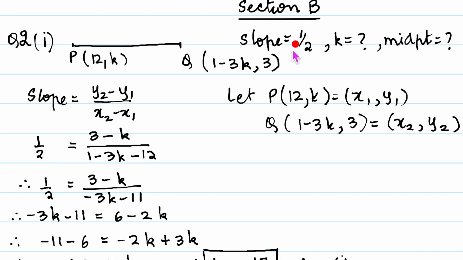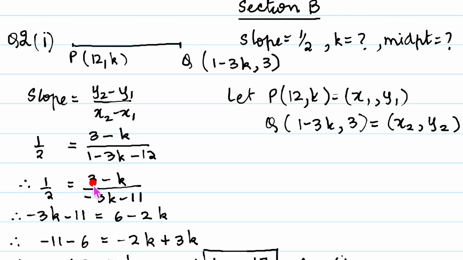Alright, substitute. Half, that is the slope, will be y2 minus y1, meaning 3 minus K, upon x2 minus x1, meaning 1 minus 3K minus 12. So let's simplify this. This is 3 minus K and this is minus 3K minus 11. Now cross multiply, you will have minus 3K minus 11.